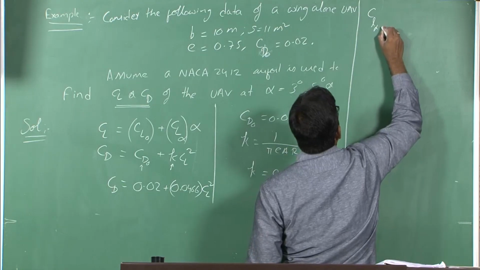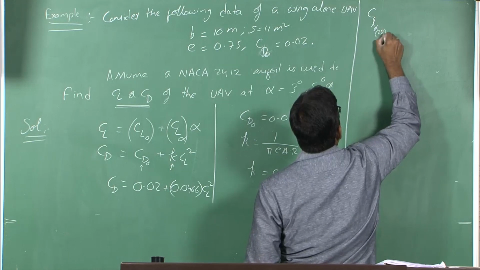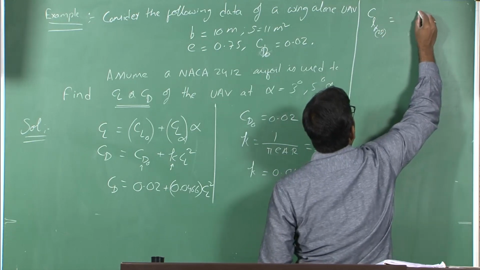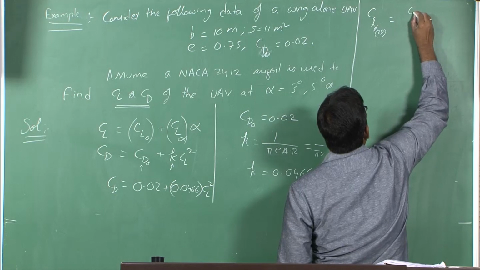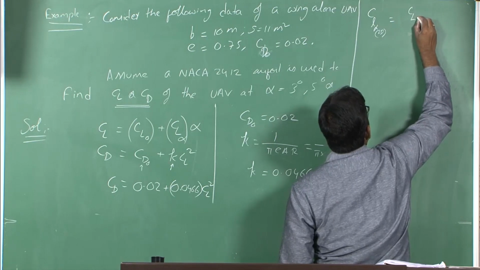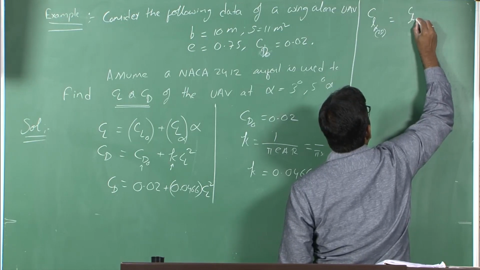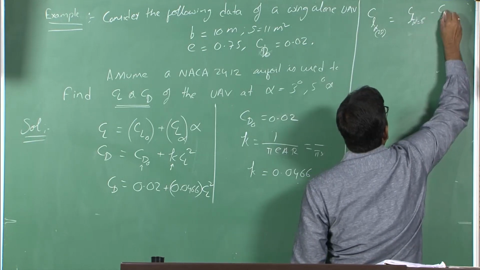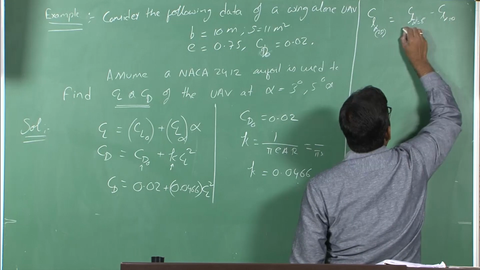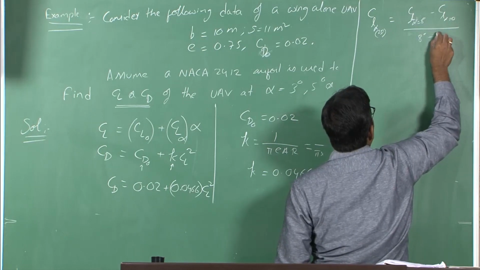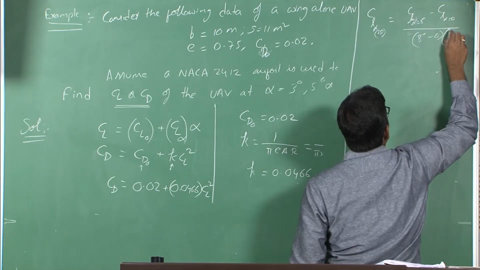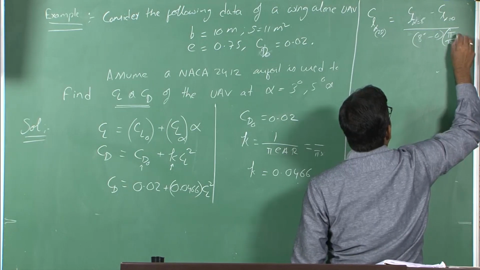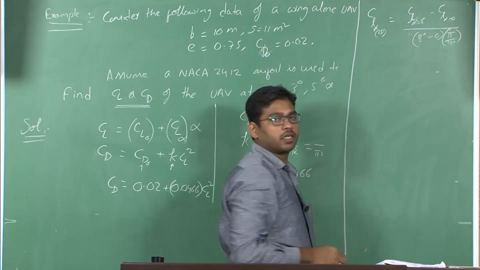CL alpha 2D of the aerofoil is equal to the CL value at alpha equals 8 degrees minus the CL value at alpha equals 0, divided by 8 degrees. So I am converting per degree to per radian.